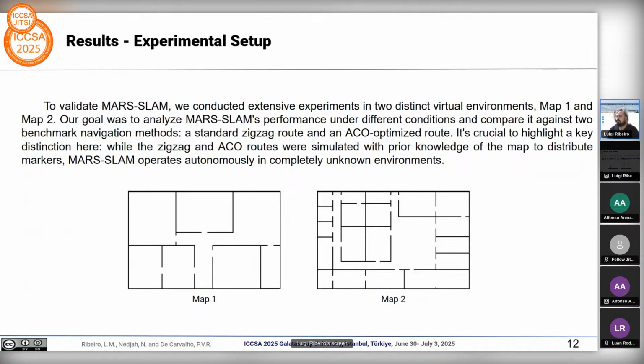It's crucial to highlight a key distinction here. While the zigzag and ACO routes were simulated with prior knowledge of the map to distribute markers, MARS-SLAM operates autonomously in completely unknown environments.